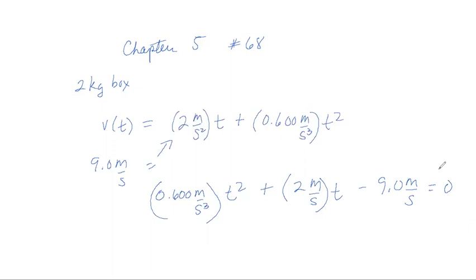Going to my poly solver, clear, enter. A is 0.600, B is 2, and C is minus 9.